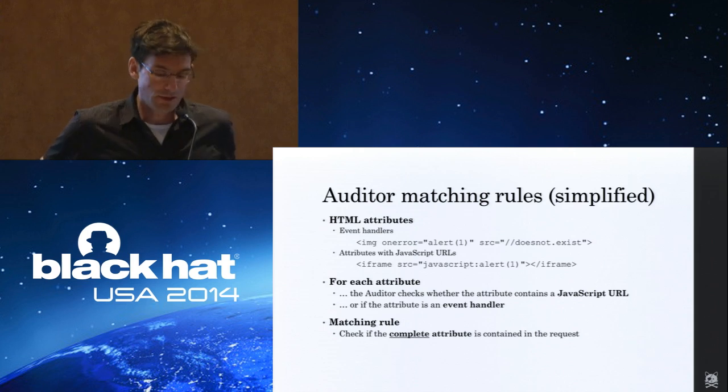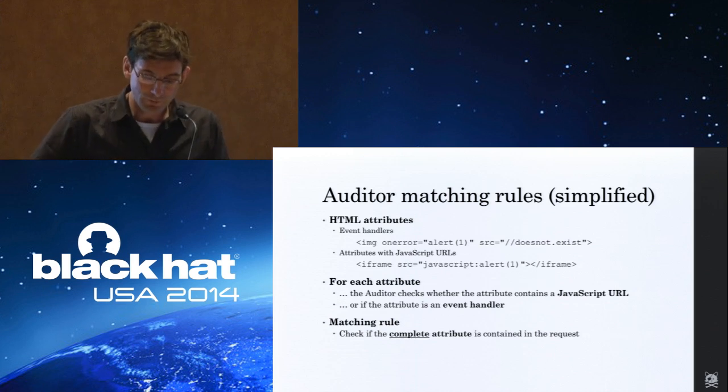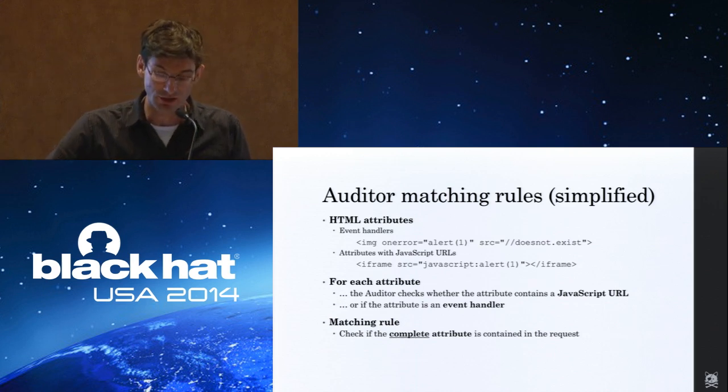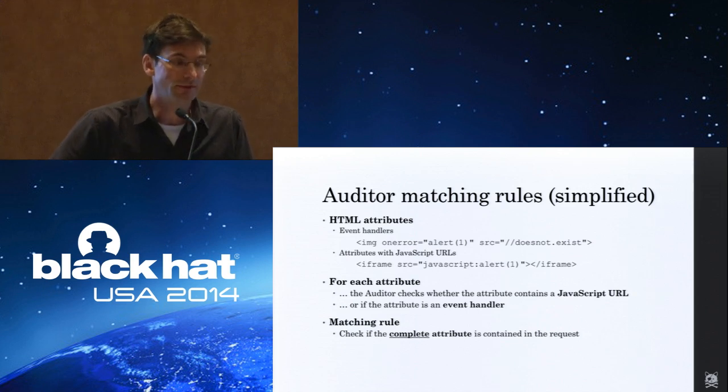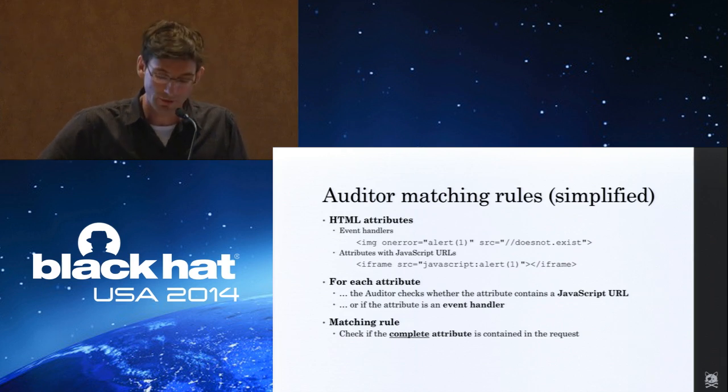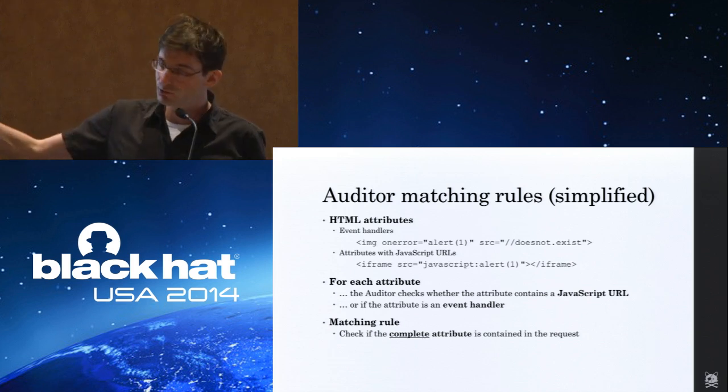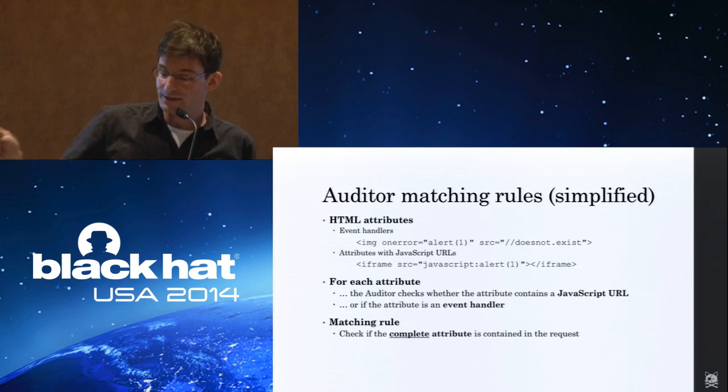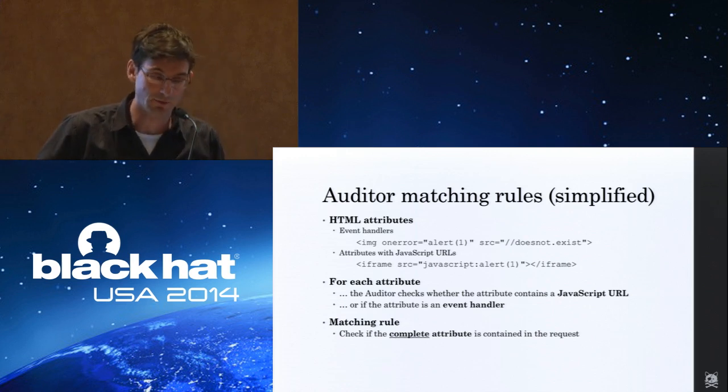And for all these attributes, the auditor checks, and here's the difference, if the attribute contains a JavaScript URL, so in this case, the JavaScript URL itself is checked in the request, or the event handler. And the matching rule is that the complete attribute has to be contained in the request.